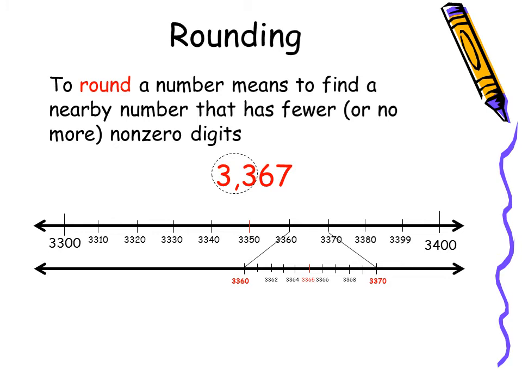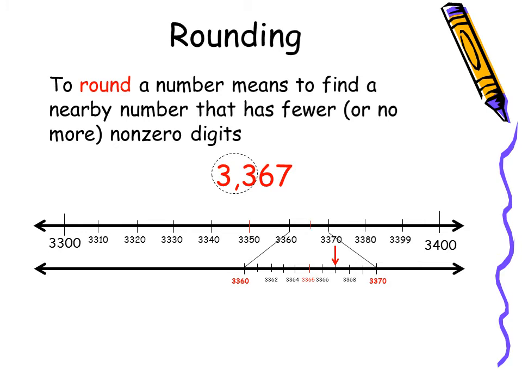Of course, I didn't put in every numeral because I was running out of space. But each of those tick marks represents 3,361, 3,362, 3,363, and so forth. So in identifying the location for 3,367, it falls there, which you can see falls to the right of the midpoint between 3,360 and 3,370.